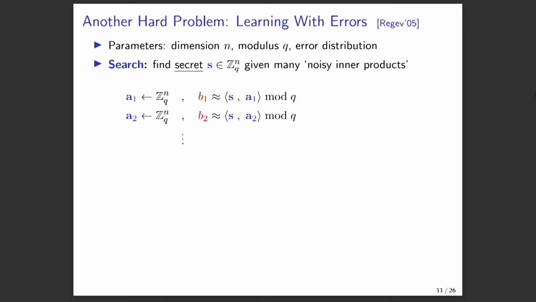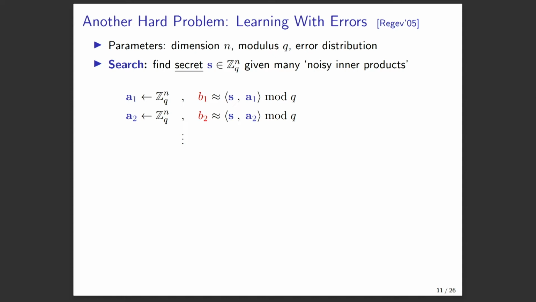But the LWE problem can be stated as follows. There is a secret vector s in Z_q^n, and your goal is to find it. Of course, you get some information about it. What you get about s are these noisy inner products, these noisy linear equations. So you get a uniformly random a_1, and then the inner product of s with a_1, modulo q, but some error gets added to that inner product.